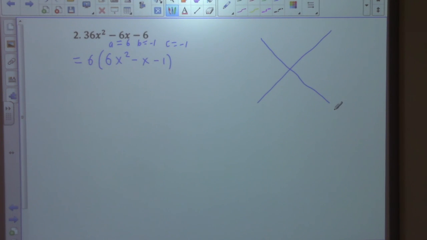Have we done that in this class? So if you put AC up here and B down here, what's AC going to be? A times C. Here's A, here's C, so negative 6. And down here, B is equal to negative 1.